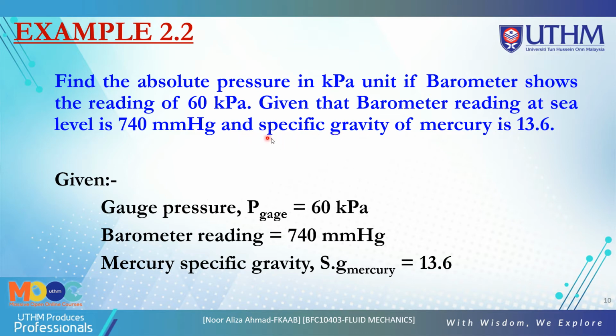To find the specific gravity, you must refer to the equation from topic 1. The specific gravity of mercury is 13.6, and the given gauge pressure P gauge is 60 kilopascal. The barometer reading is 740 mmHg. We need to find the absolute pressure.